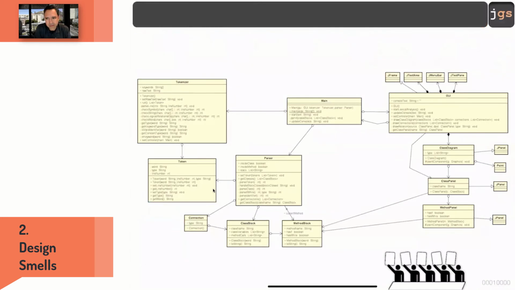A different example. This is a full solution of your project 4. What do you think about it? Okay, one of the common things that you are going to use for smells is the diamonds.